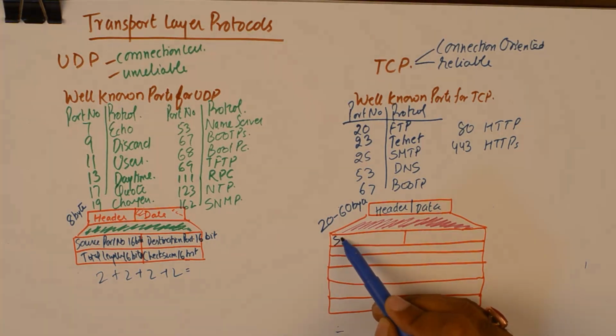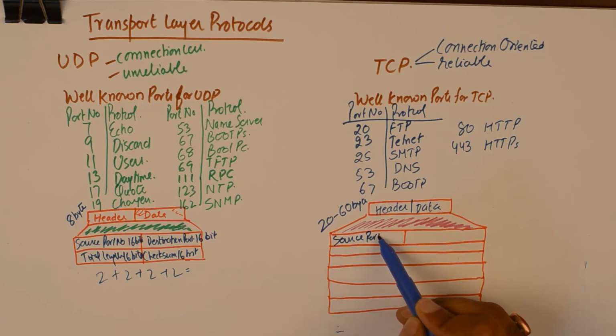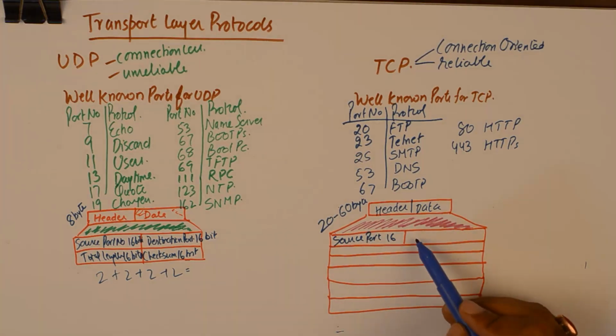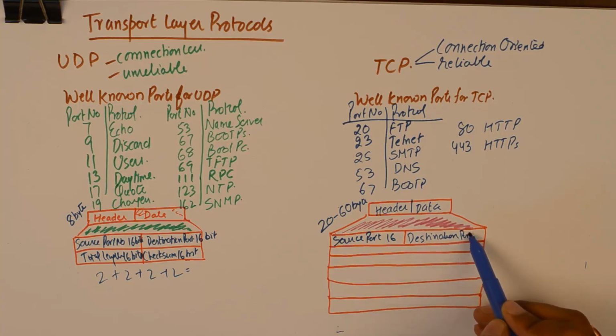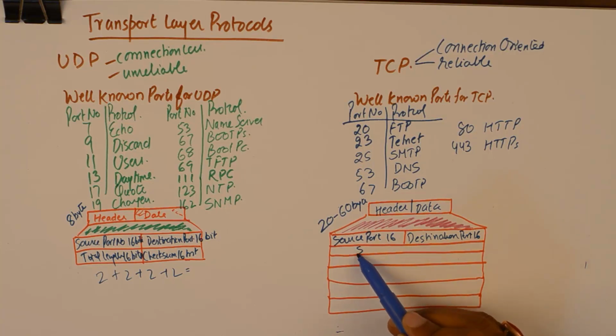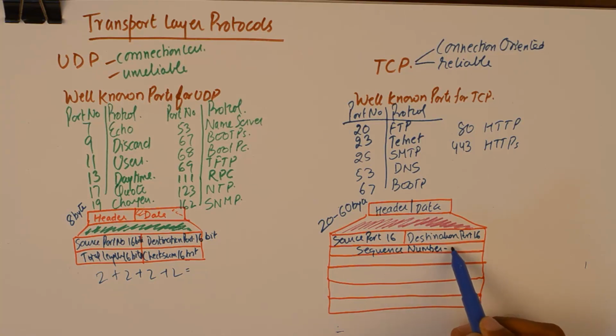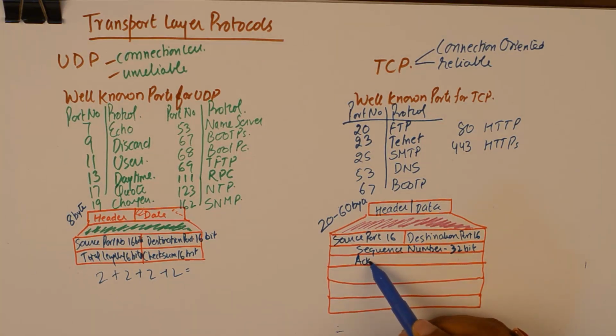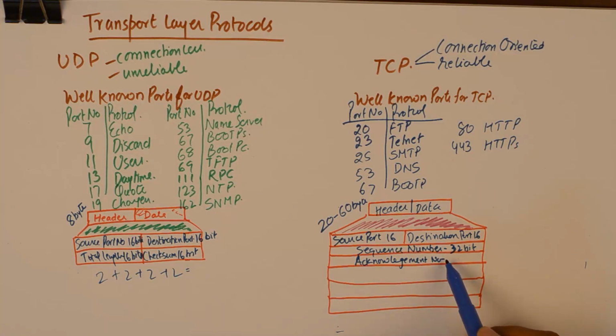It contains source port, which is 16-bit data, then destination port, again 16-bit. It contains a sequence number, which is 32-bit. 32-bit means 4 bytes. And then acknowledgement number, 32 bits, 4 bytes.